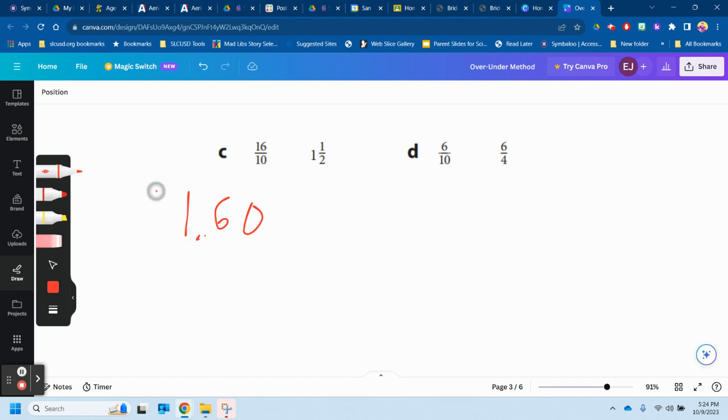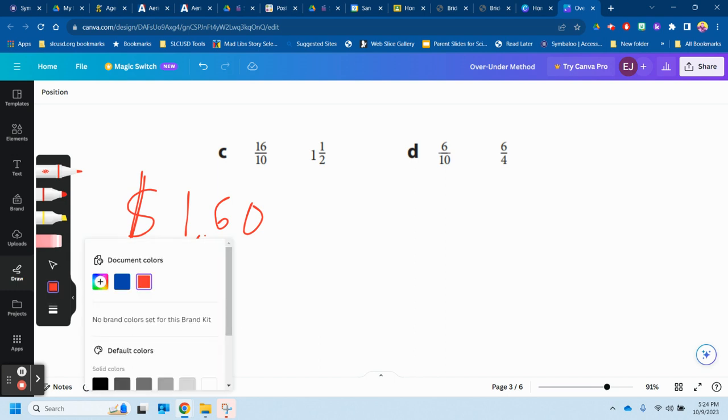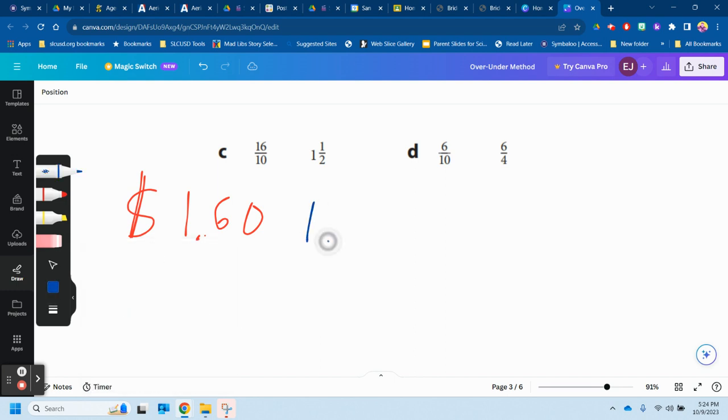So let's think of it money-wise. Versus, let me do this one in blue, I have $1 and how many cents is half a dollar? 50, we went over this in class, 50 cents. So $1.60 is more than $1.50. So what's larger here? 6 dimes, which is 60 cents.